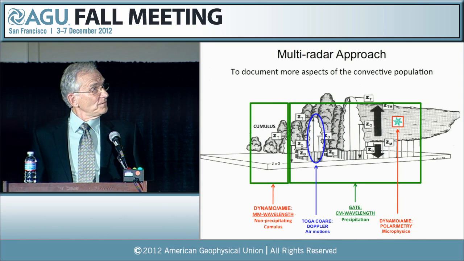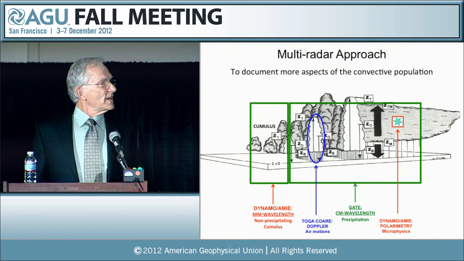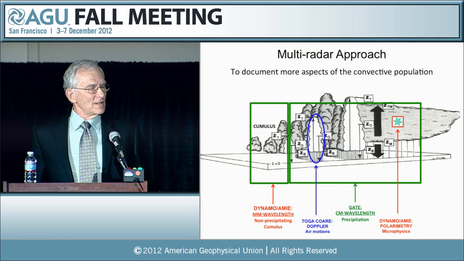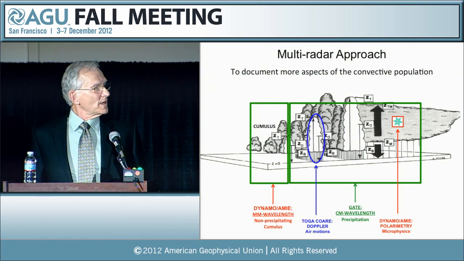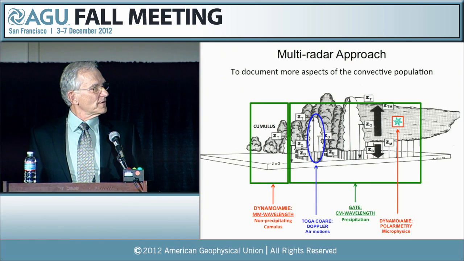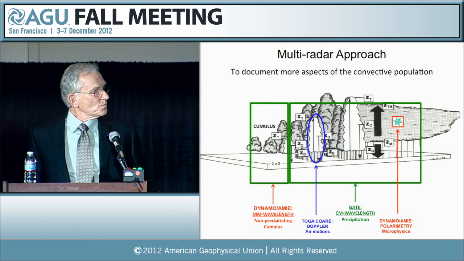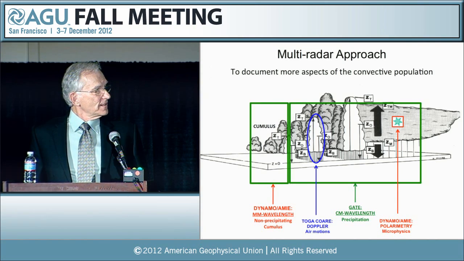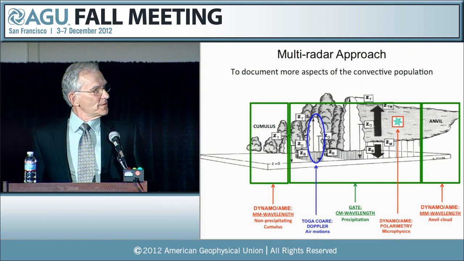But that's not all. We also used millimeter wavelength radars, which allowed us to see in detail the non-precipitating cumulus. The ARM program was great about providing a number of these, and they were also on the 2 ships. This allowed us to see the low-level cumulus clouds, also the non-precipitating anvil clouds.